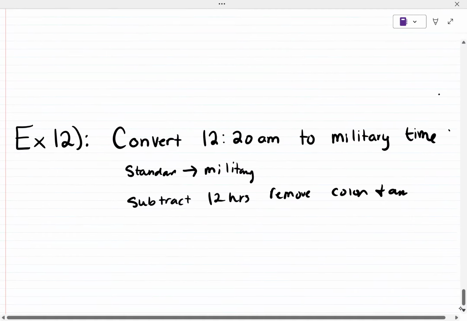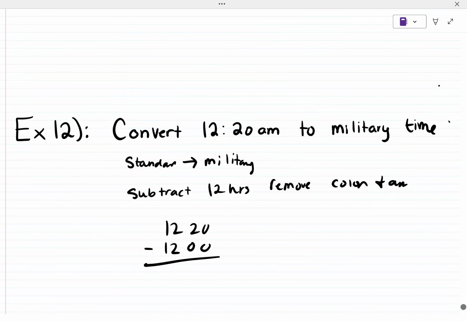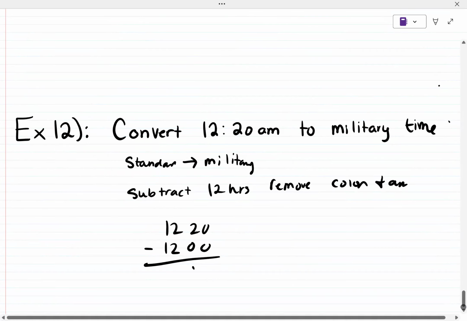So do that. So 1220 subtract 1200, and you get 20. And then because in military time you have 4 digits, you do have to add 2 leading zeros. So your final answer is 0020.